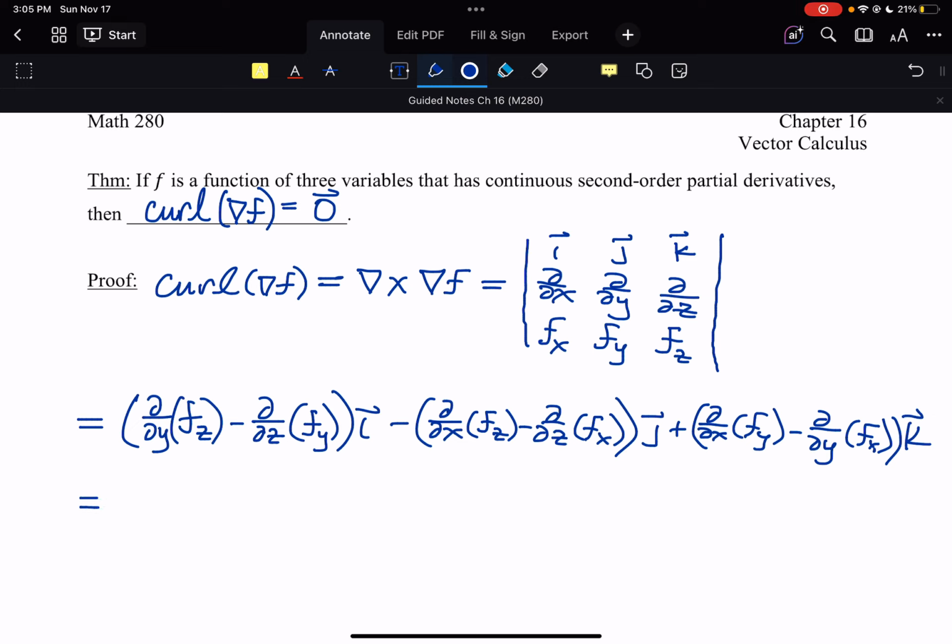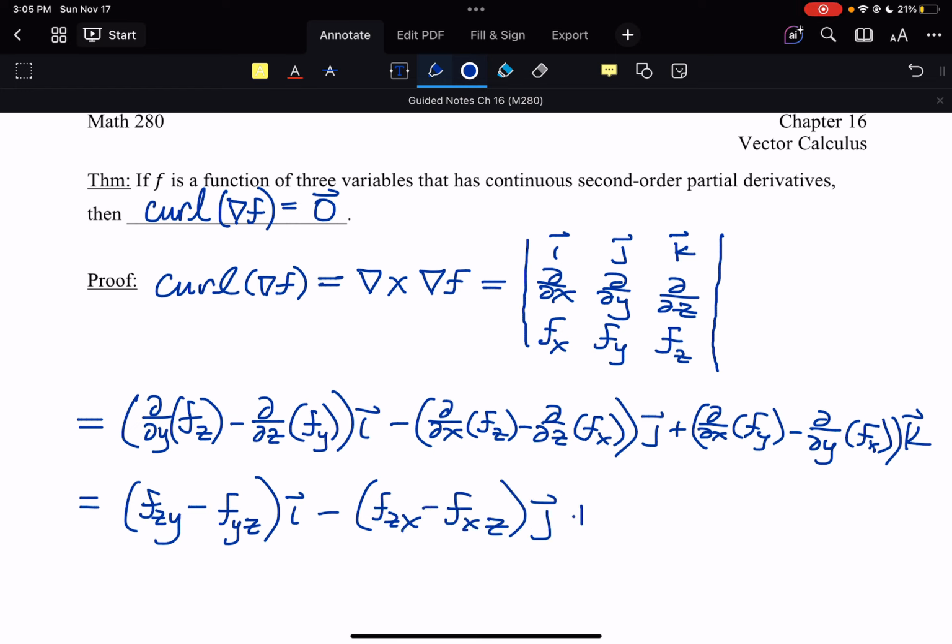And let me go ahead and write these all in subscript notation just to condense this a little bit. So this one is going to be fzy minus fyz, i, minus fzx minus fxz, j, plus fyx minus fxy for k.